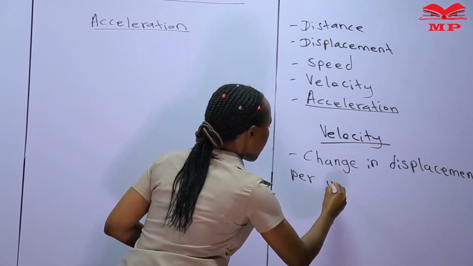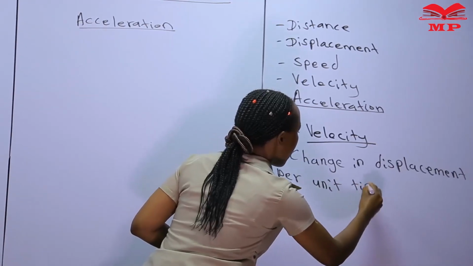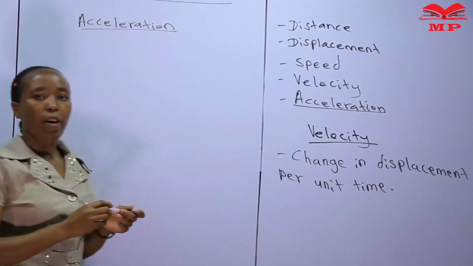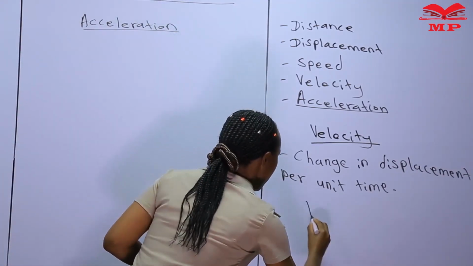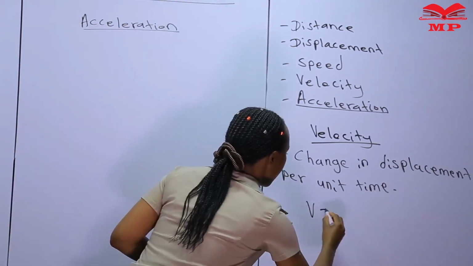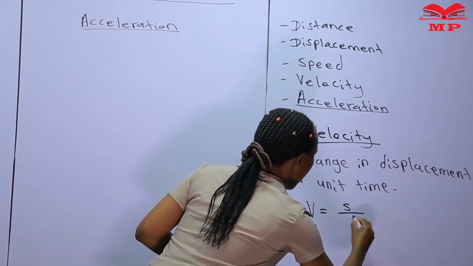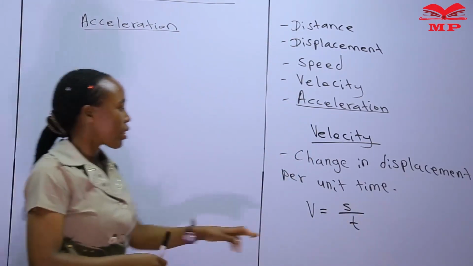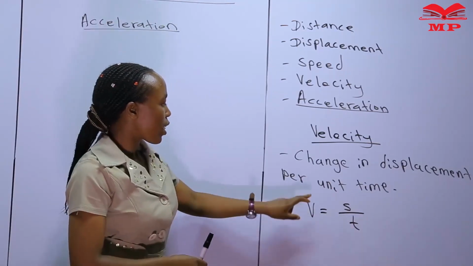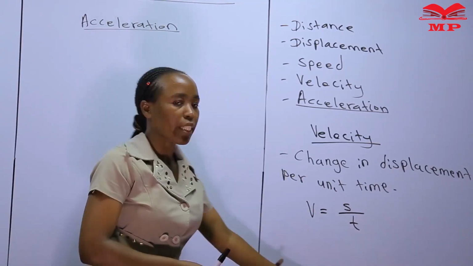If we use v to represent velocity, then velocity v is equal to displacement s per unit time t.